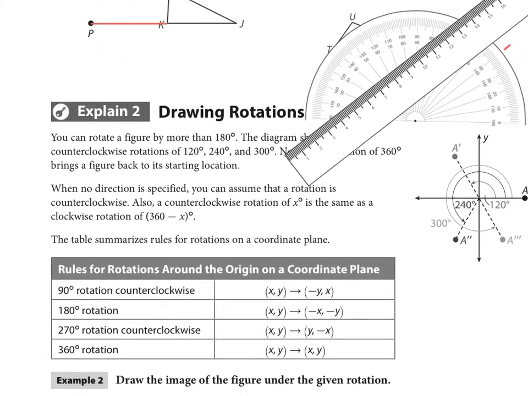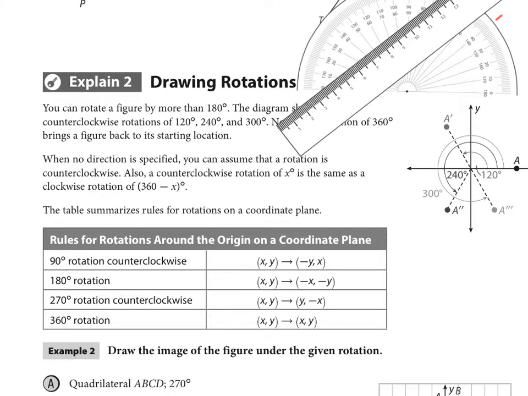Down below this example, you're going to see some more information on probably what you learned last year with rotations, which is rotating it just with the 90 degrees and adding 90 degrees to that. So you'll see 90-degree rotation, 180, 270, and then 360 isn't that interesting because we get the exact same thing. We get our pre-image back again.